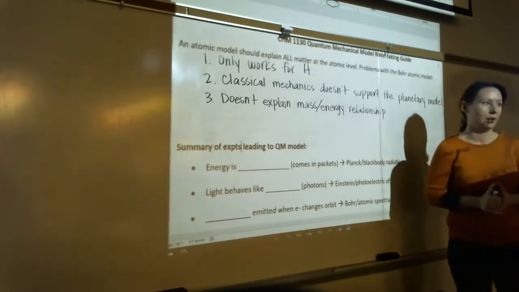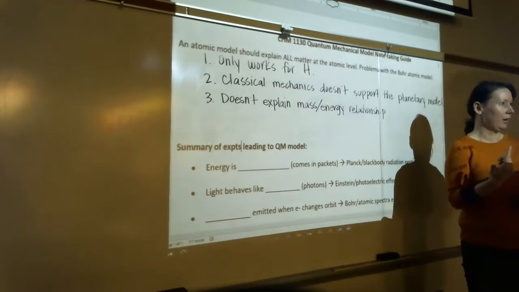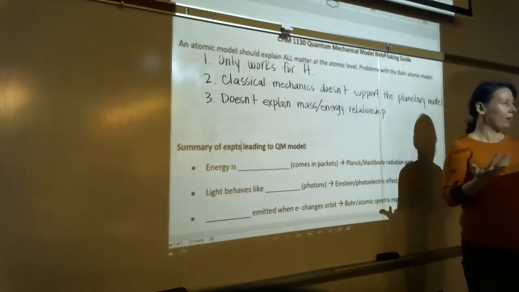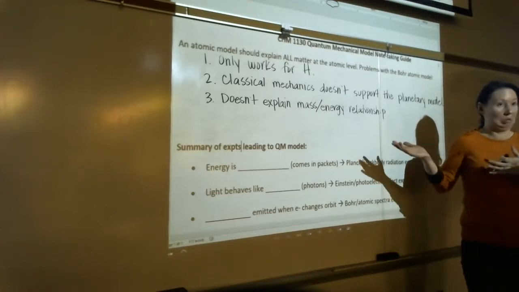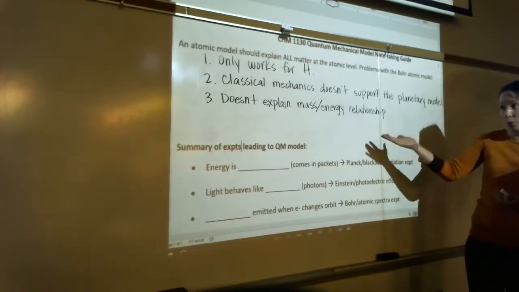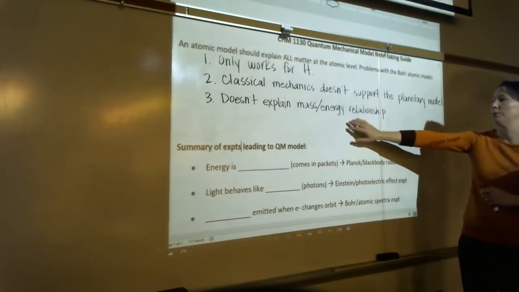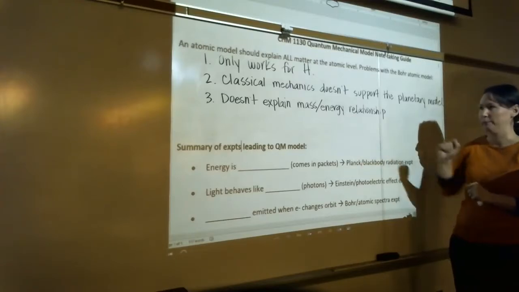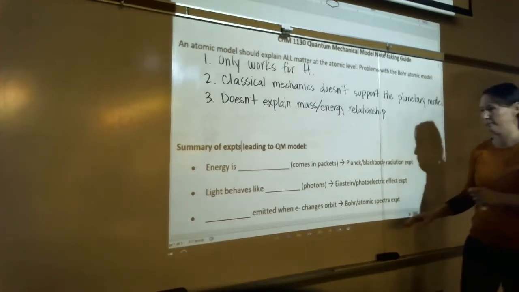If you go home tonight and you turn on your stove and the coil turns red, why is this metal turning red as it gets hot? The quantum model explains this, the Bohr model doesn't. The quantum model accounts for these problems that the Bohr model can't explain. So big problems: it doesn't work for anything beyond hydrogen, classical mechanics doesn't support it anyway, and it doesn't take into effect the relationship between mass and energy.